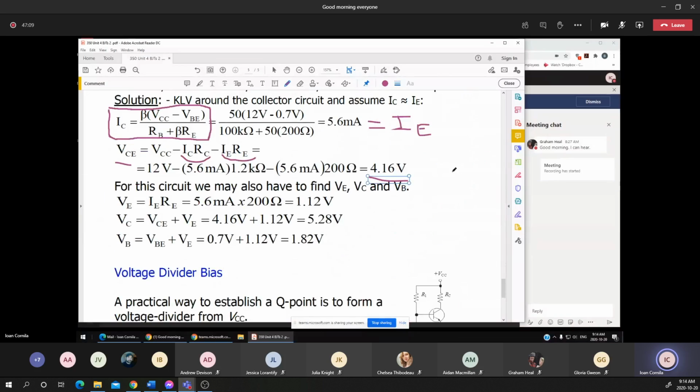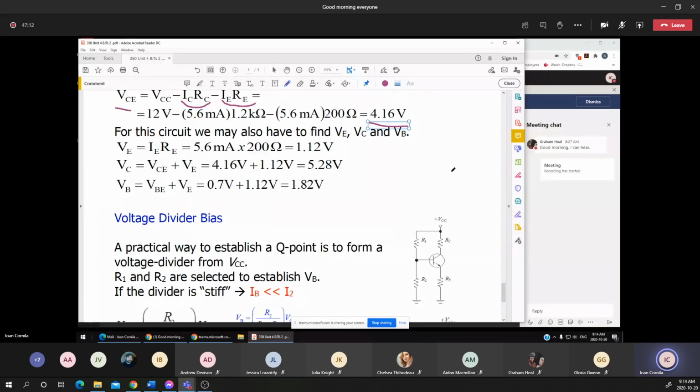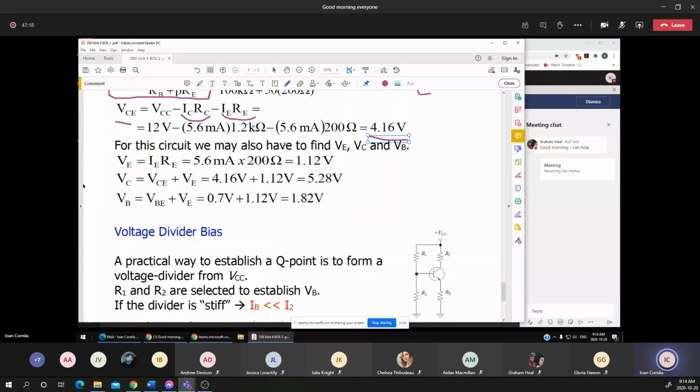Now, doing the calculations, we'll end up with 4.16, and you may have some other questions, but remember that the VE is the voltage at the emitter, and I introduced this notation from the first lab, or from the beginning of this course. VC is the potential at the collector with respect to ground, and the VB is the potential at the base with respect to ground. Now, those are the equations.